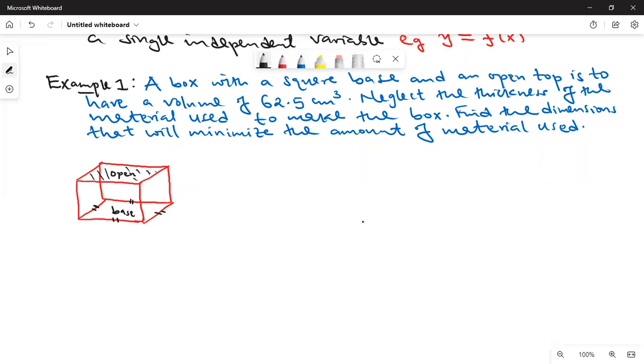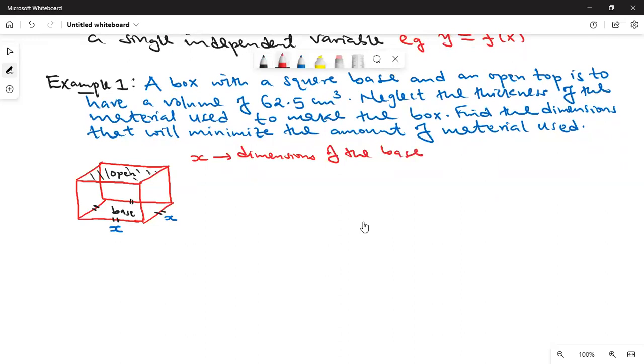Now, we don't know the dimensions of this box, but all we know is that the base is a square, so we can say let x denote dimensions of the base.